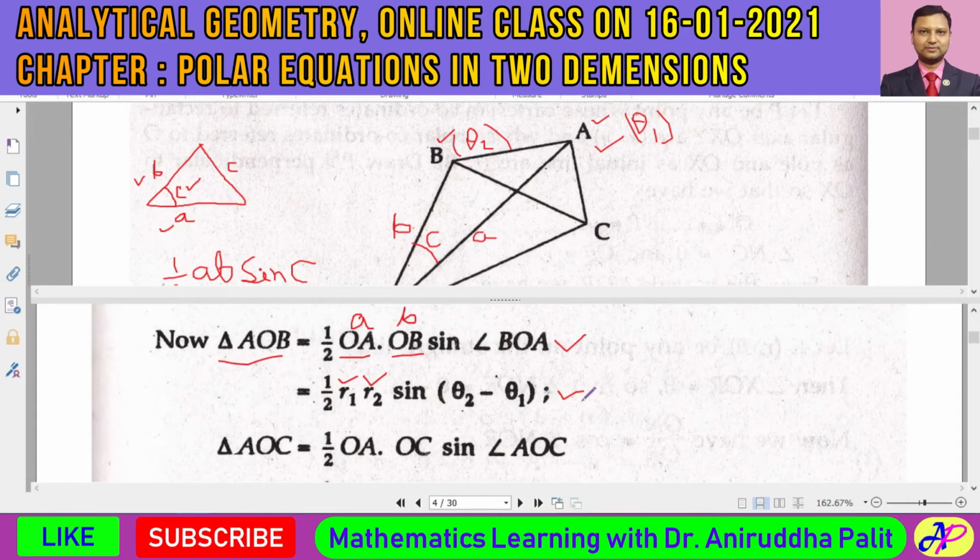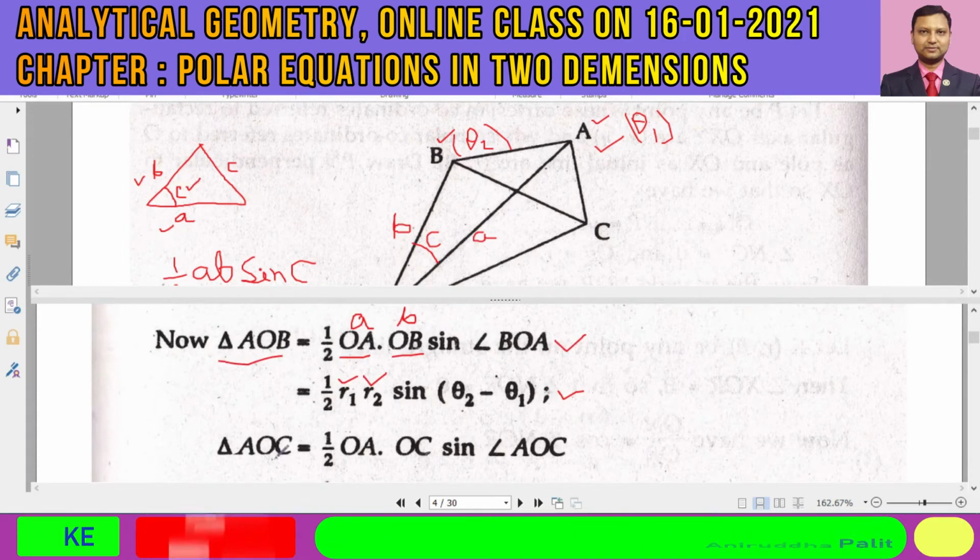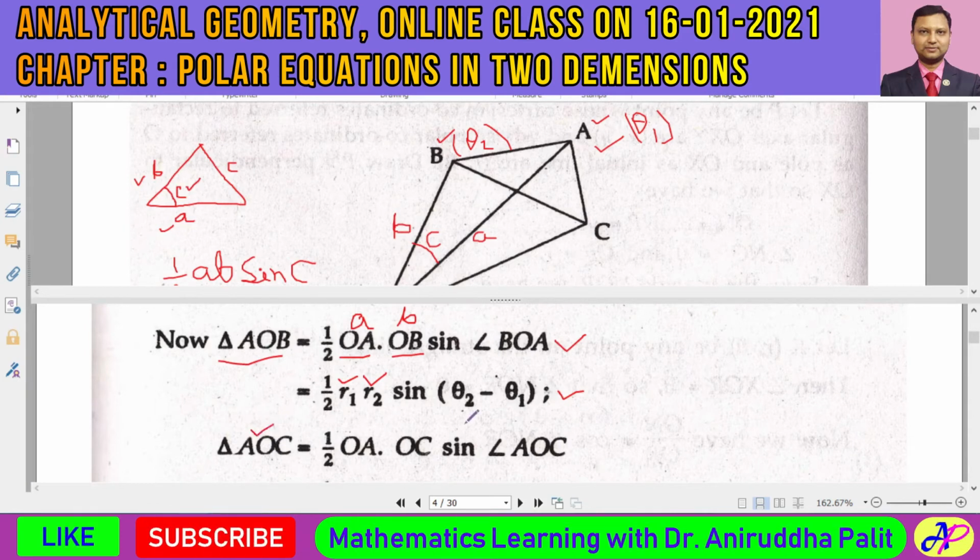Now, in similar fashion, we can find the area of the triangle OAC.